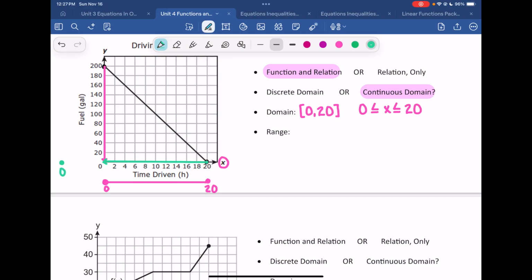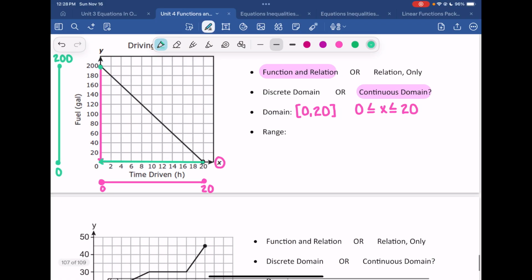And then we say, well, how high can I go? Okay, so this is the highest point right here. That's 200 gallons. So there must have been a low of 0 and a high of 200 gallons in the tank. Okay, so then that's our range from 0 to 200. So again, put the smaller number first, put the larger number second, and then you're using hard brackets because both values are included.